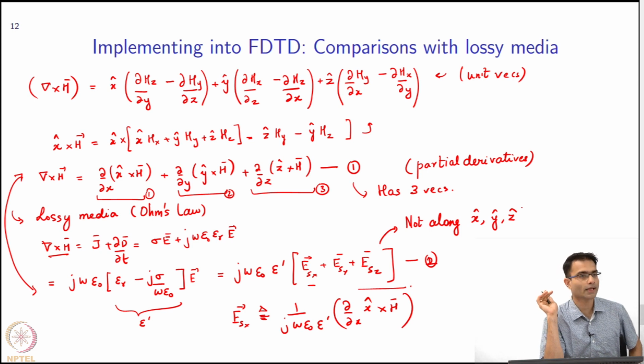So far I have not done anything new except just reinterpret Maxwell's equations in lossy media, right. There is no mention whatsoever of PML. Okay. So now next we will look at how to implement PML. So can you anticipate what will happen?